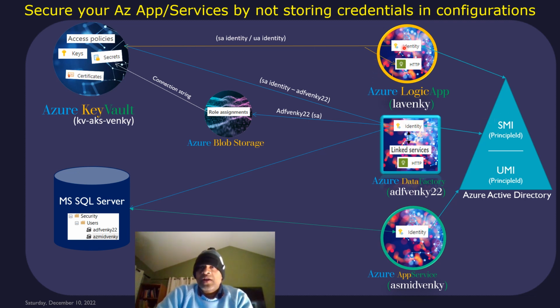Whereas in Azure Logic Apps, you could enable either the system managed identity or user managed identity. Let's go with system managed identity in the first place, then we will cover UAMI in later sessions.